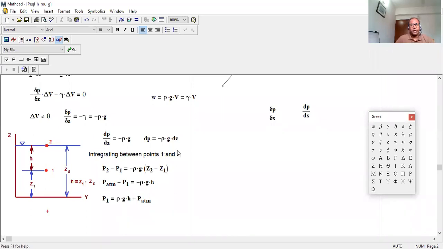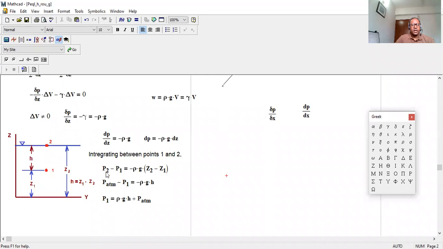So if you integrate both sides from point 1 to 2, you'll get P2 minus P1 equal to rho g times z2 minus z1. Now z2 minus z1 equals what? It equals h. So on this side you get h.